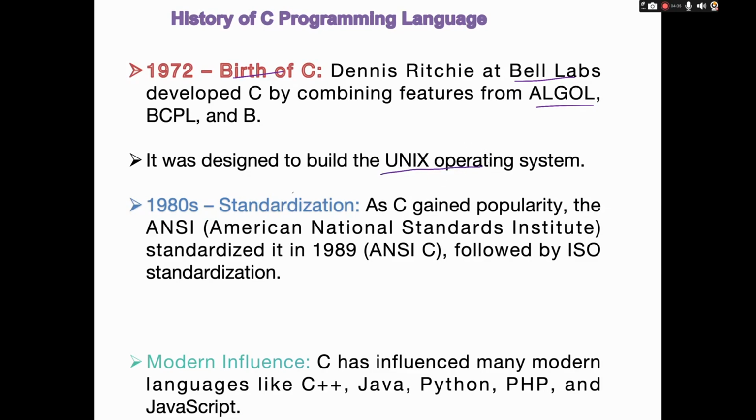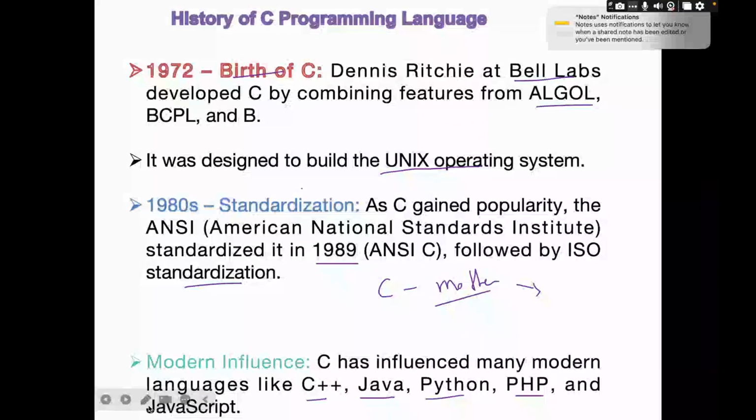Then there was a standardization of C because it gained certain popularity. ANSI, the American National Standards Institute, standardized it in 1989, followed by ISO. C is called the mother of all languages, because every syntax and every concept is inherited from the C language. Because of that, C has influenced many modern languages like C++, Java, Python, PHP.